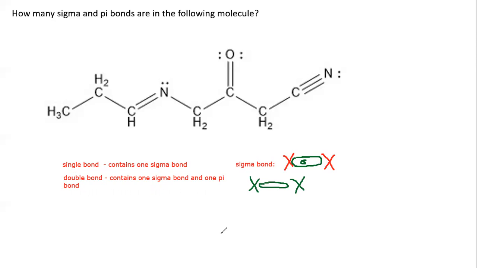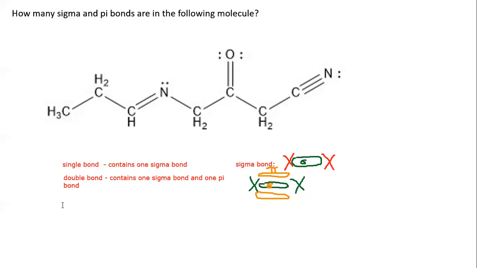And then the pi bond is a lobe of electron density above and below the sigma bond. So again, the gold is a pi bond, the green is a sigma bond, and both of these combined make up a double bond. So remember, a double bond has 4 electrons, therefore there are 2 electrons in the pi bond and there are 2 electrons in the sigma bond.